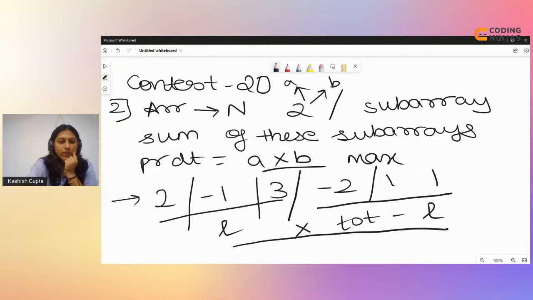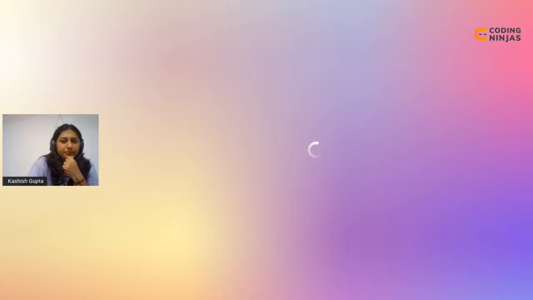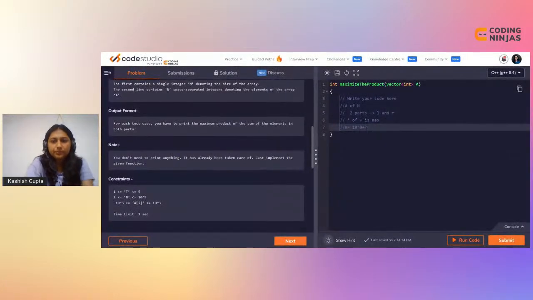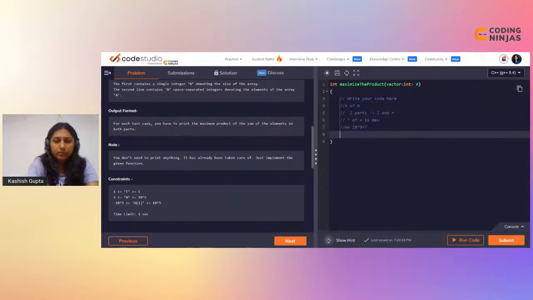So let's start with the implementation. If you have any doubt in the approach or implementation, please do let me know in the comments. I'll try explaining it better. Let's first take n equals a dot size.